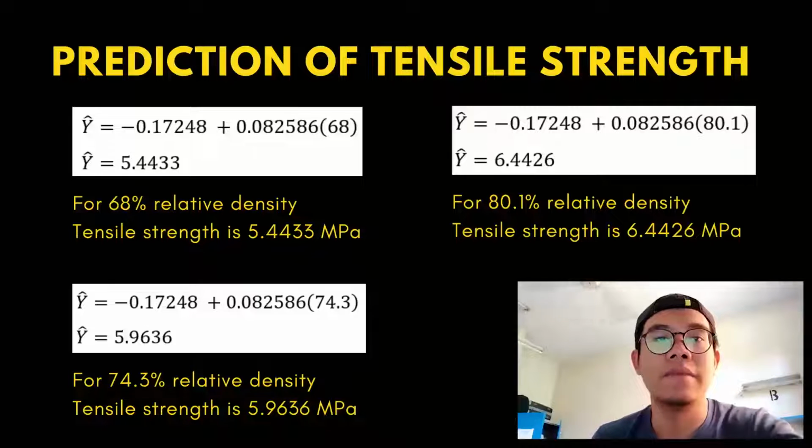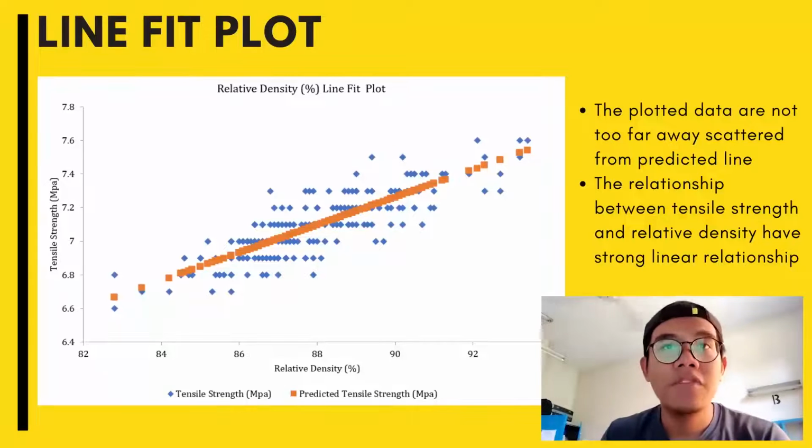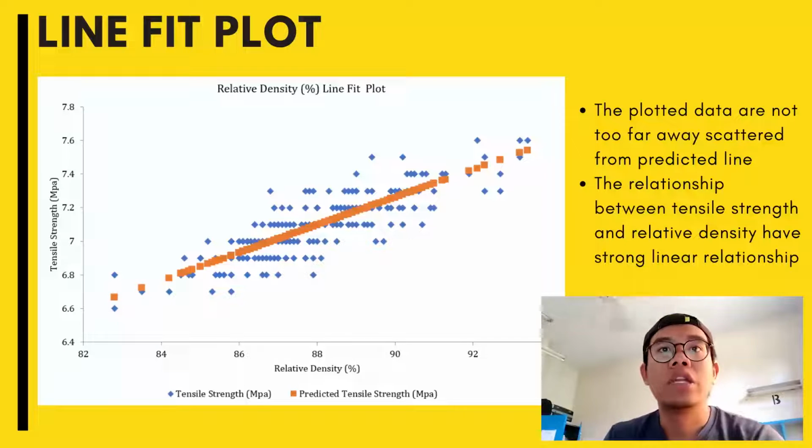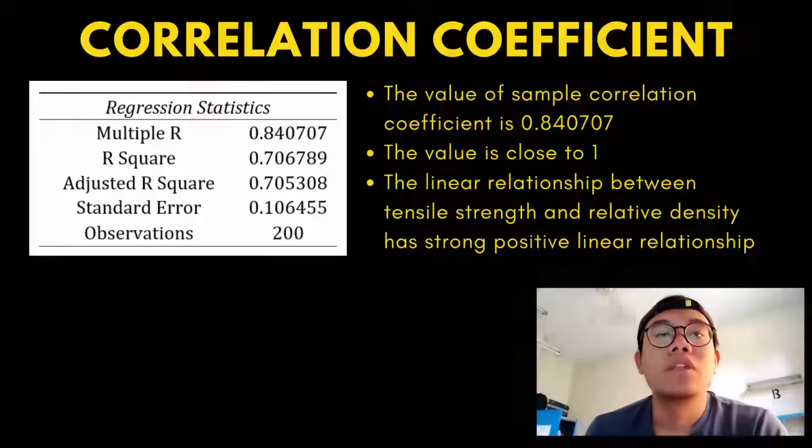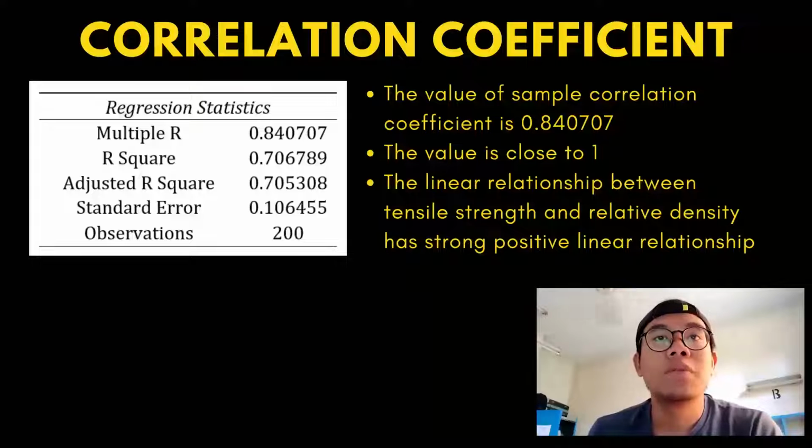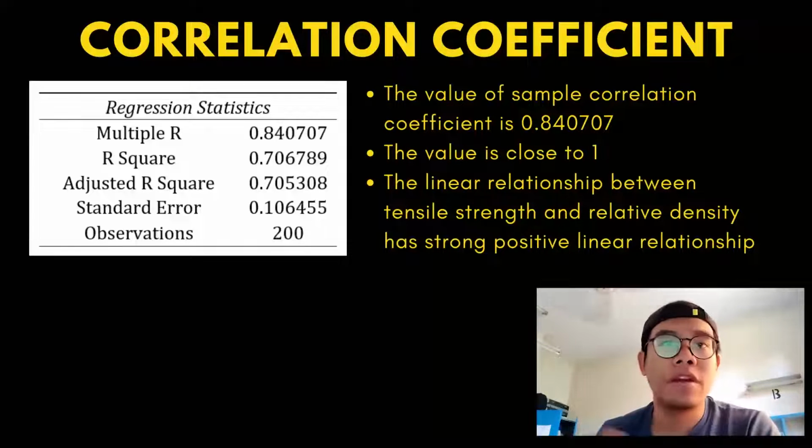Based on the line fit plot, the plotted data are not scattered too far away from the predicted line. This shows that the relationship between tensile strength and relative density has a strong linear relationship. Apart from that, we can use the correlation coefficient to measure the relationship between variables.